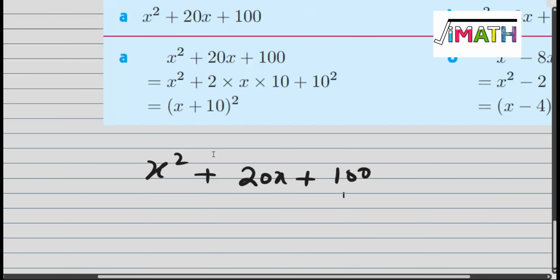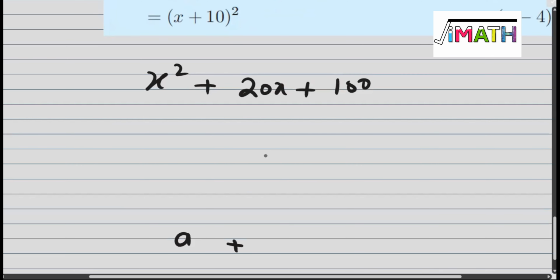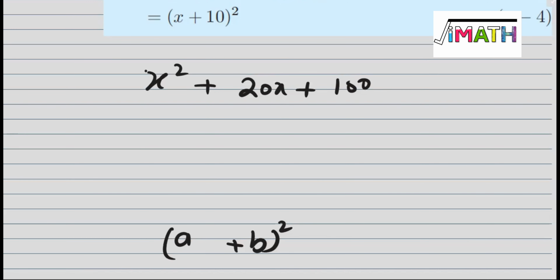We need to find the (a + b) whole square form, and we are looking for what is a and what is b. I think it is pretty straightforward to find a. That is x here. And can you write this 100 in terms of a square?